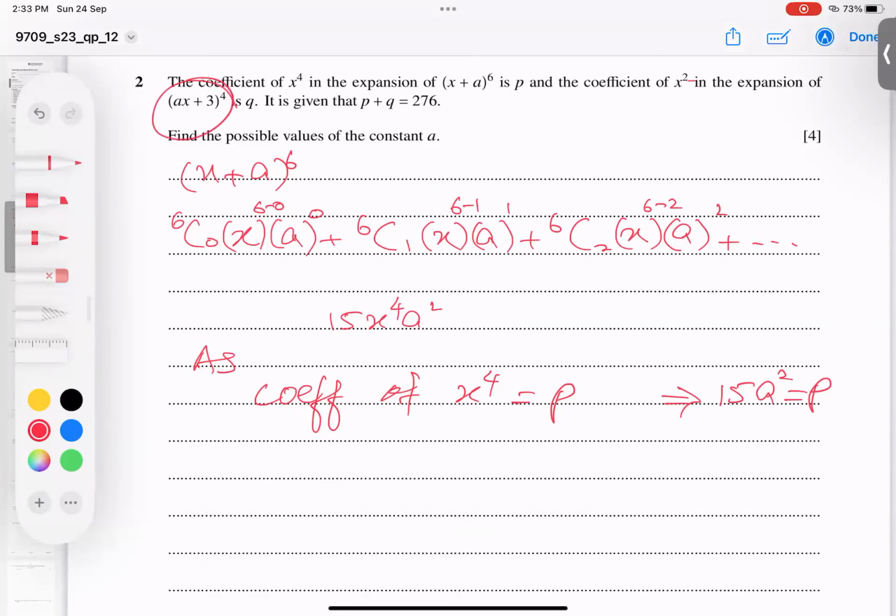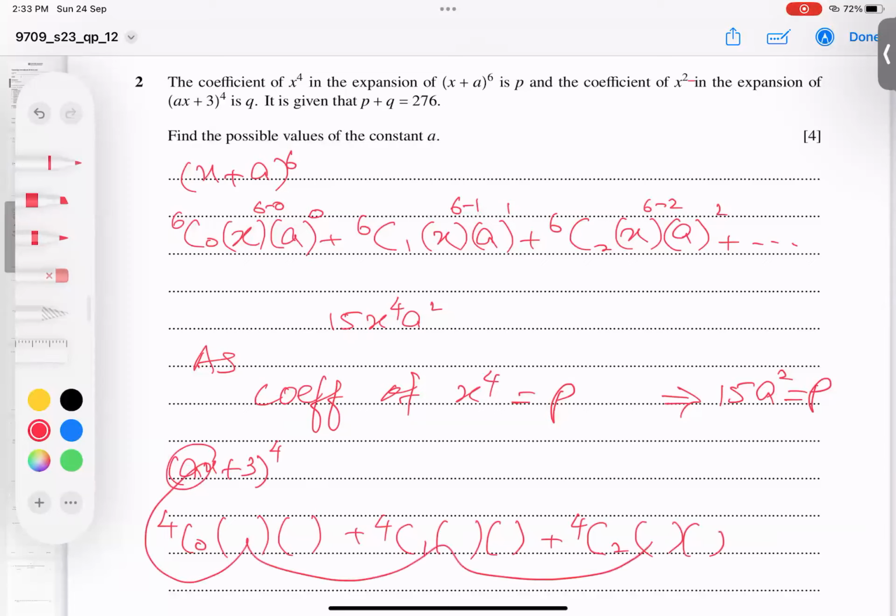Here, (1 + ax) to the power 4, and you know it very well, 4C0, then 4C1, then, because I'm looking for x squared, 4C2, enough. Okay, and what is the method, students? We can go for it now. After this, this ax will come in each first bracket.